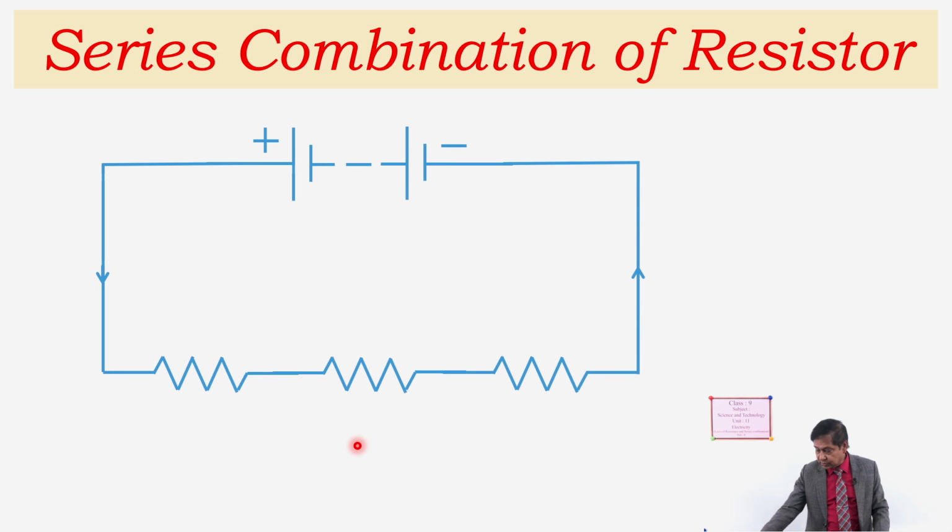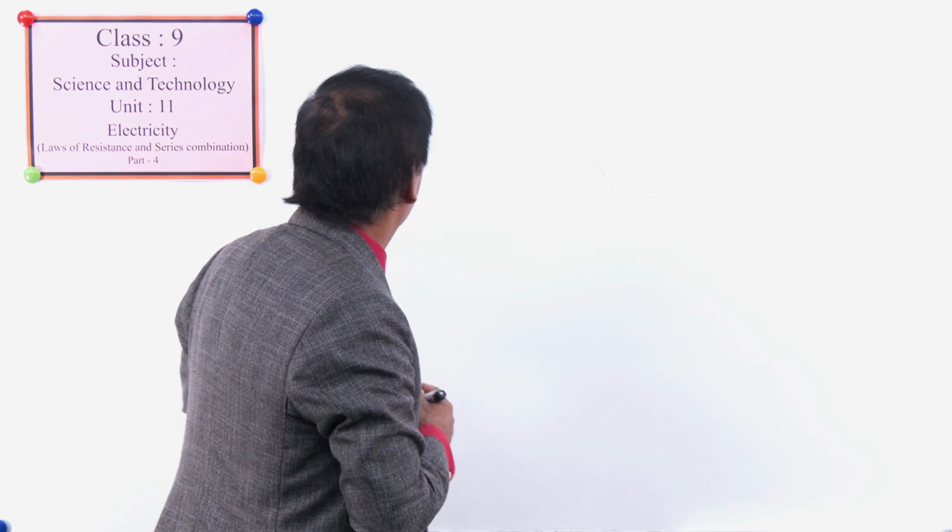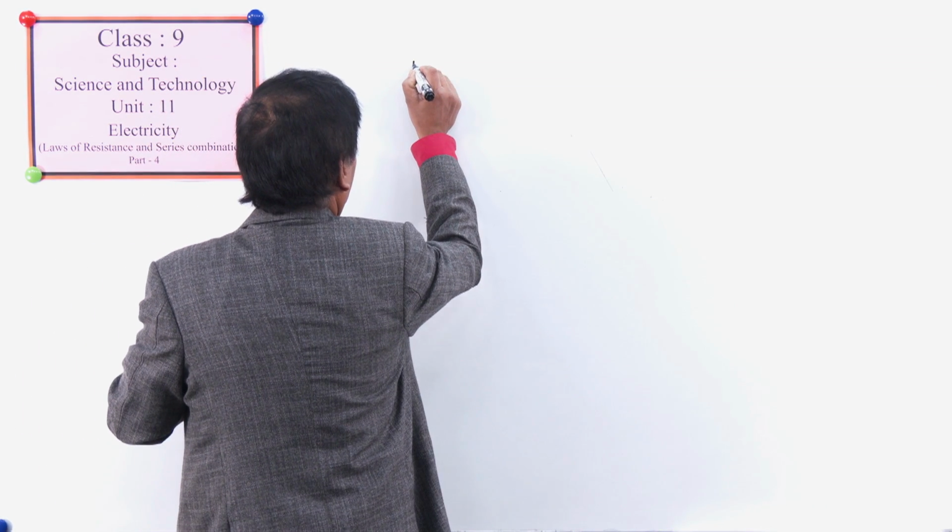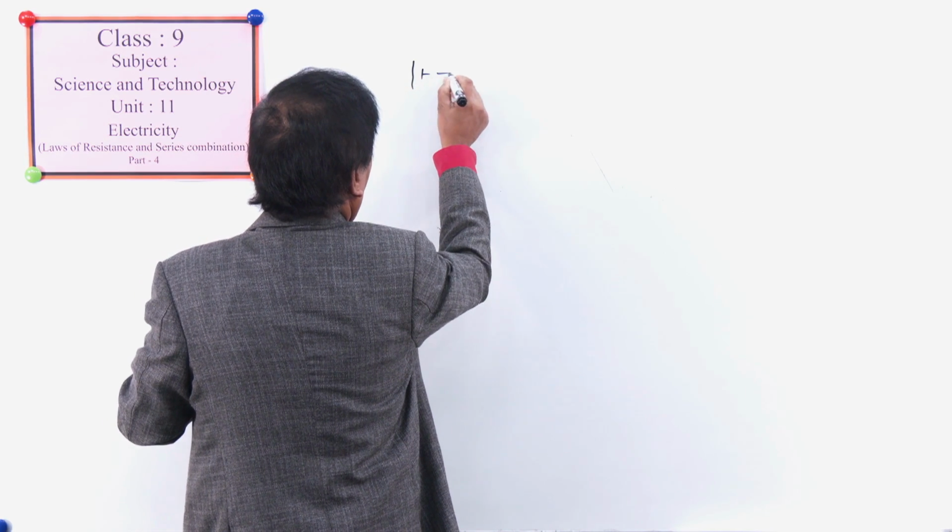Now I want to show this with the help of a diagram, and describe the characteristics of series combination of resistor. Look at this. This is a battery.